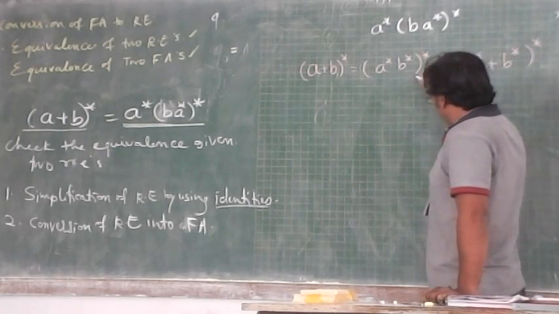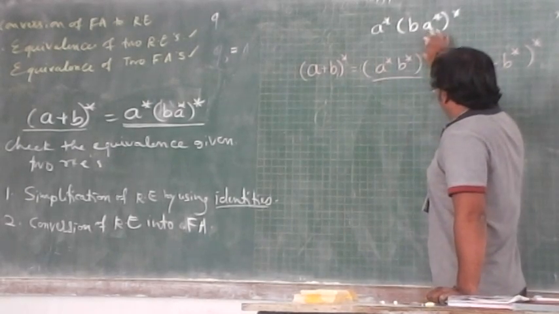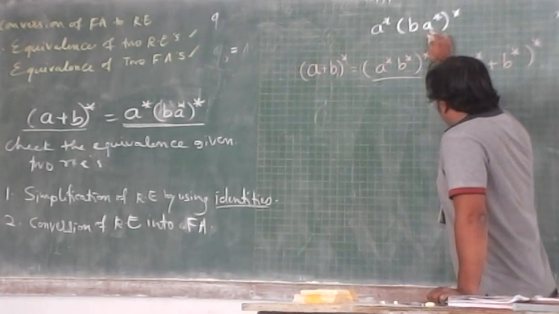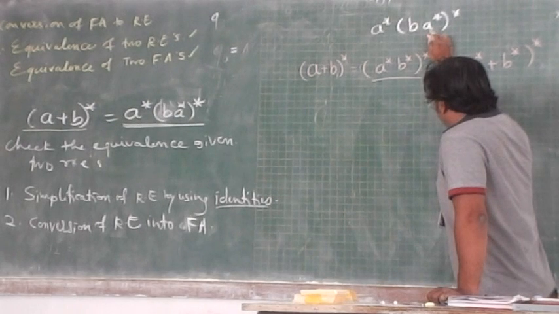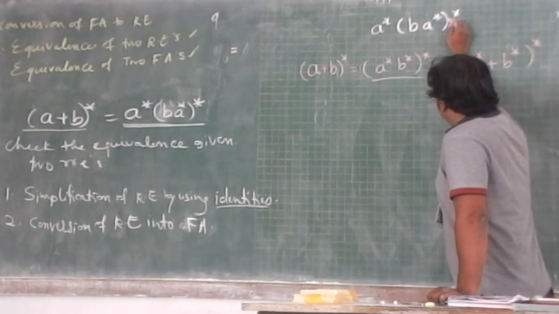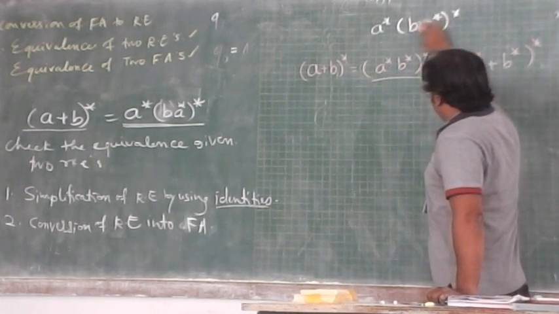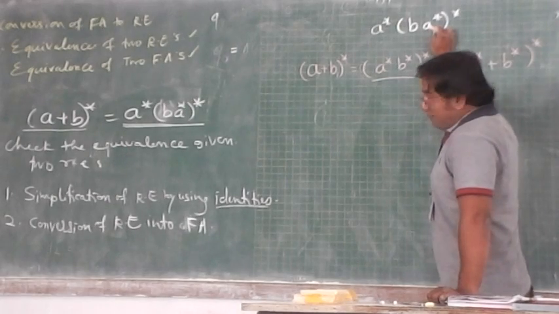So can I apply this to this? This particular expression I have in the form of what? There is a star outside, and two entities are inside. If I apply it, what happens?